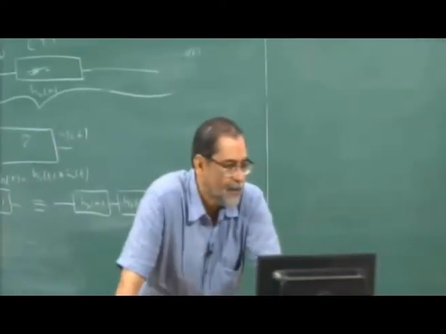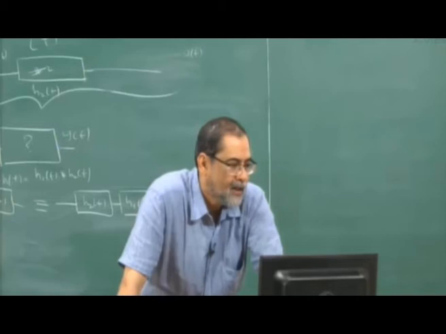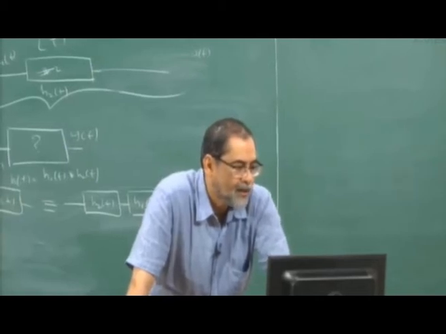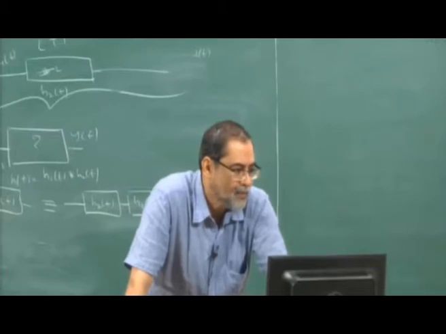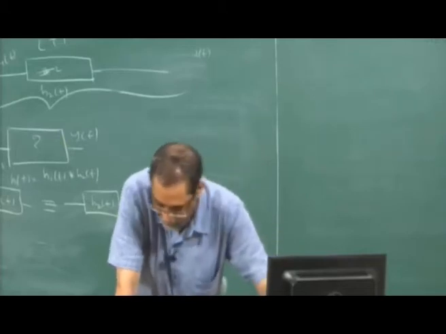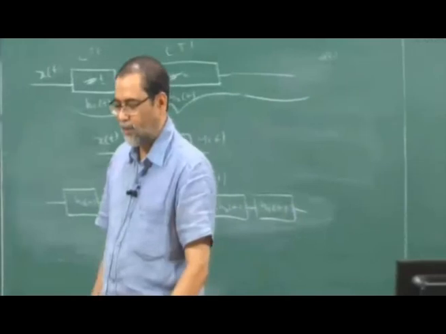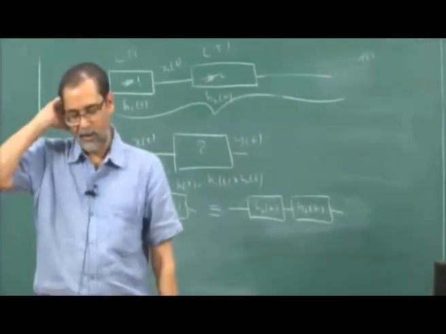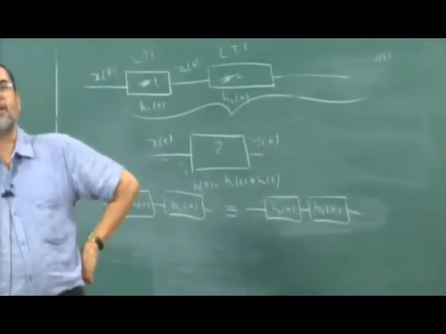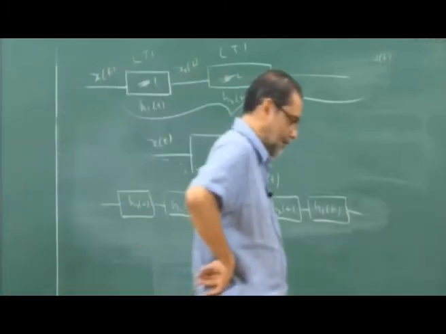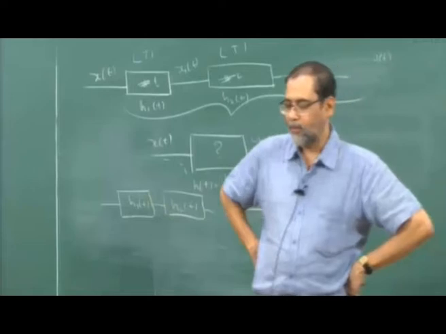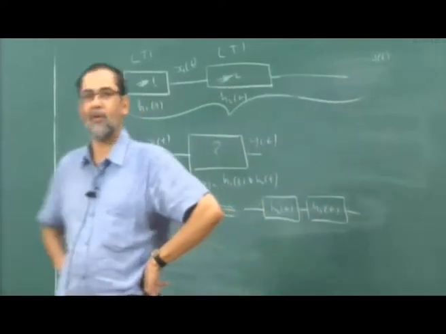This is from PECTN. The question is, if h of t is a complex exponential, what about the stability of the system? This is very similar to the previous question, which was if h of t is u of t. I didn't say whether u of t is absolutely integrable or not.